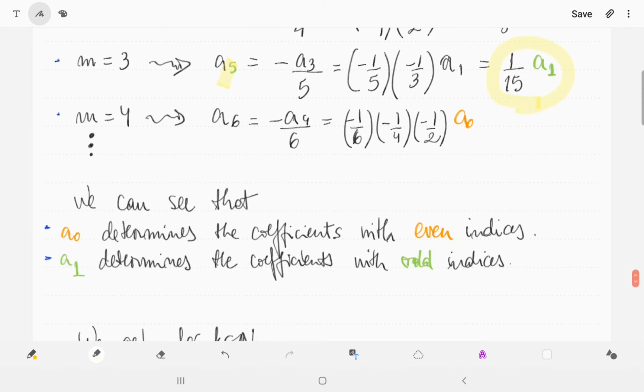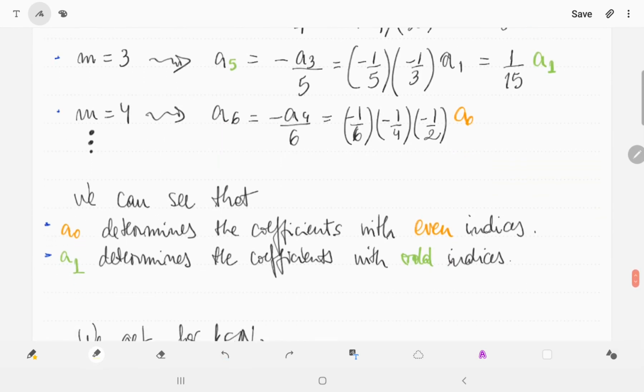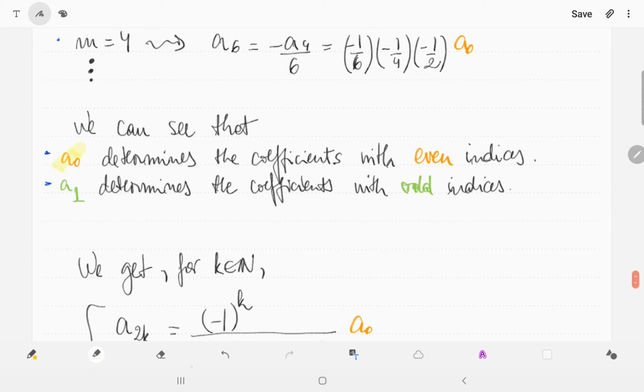So what I'm trying to say is that a0 determines the coefficients with even indices and a1 with odd indices.